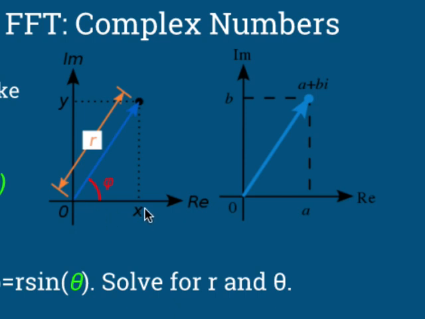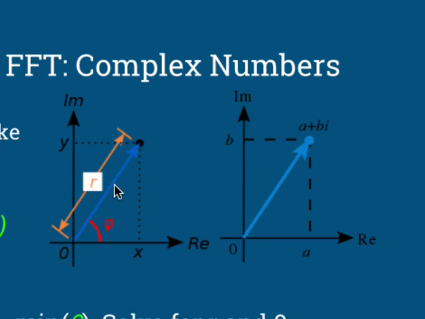We use the y-axis for the imaginary part. And in this form, remember there's a theta. This is theta. And this is r. The length of this vector is r, and the angle from the x-axis is theta. That's one representation.